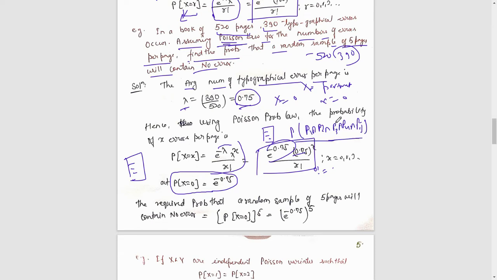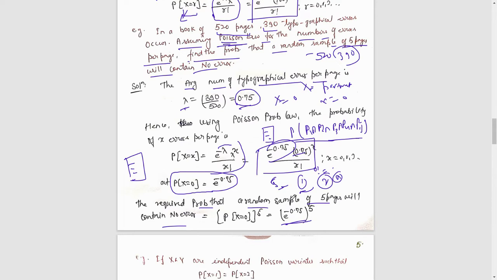Obviously, if you pick a page at random and pick a second page at random, the number of errors in page 1 and page 2 do not depend on each other. Maybe five errors can occur, maybe seven errors. This does not depend on the first page or second page, third page. So these are all independent events. That's how we just multiply the probability five times, and we get that the probability that a random sample of five pages will contain no error is equal to this particular quantity taken five times.